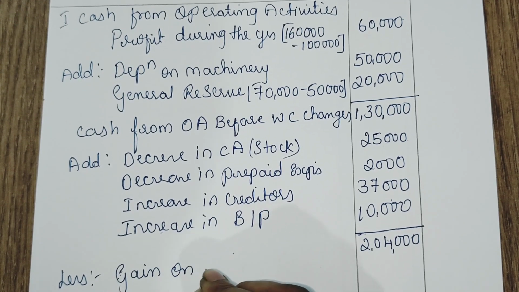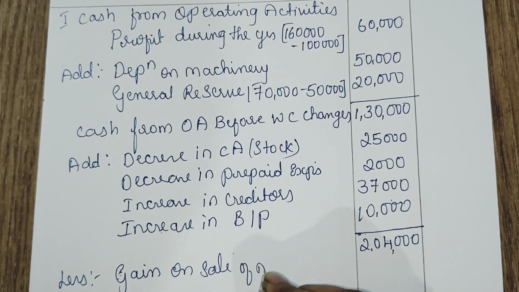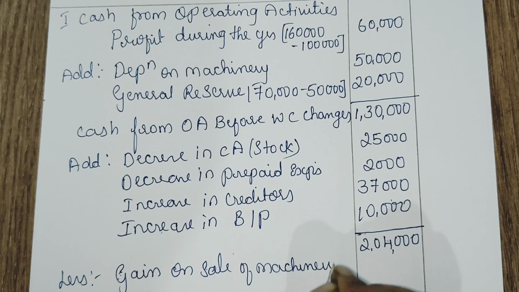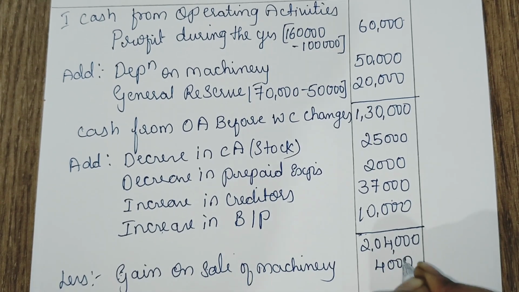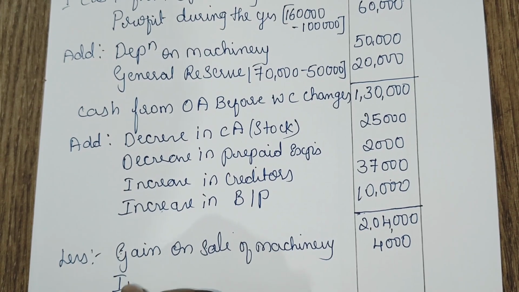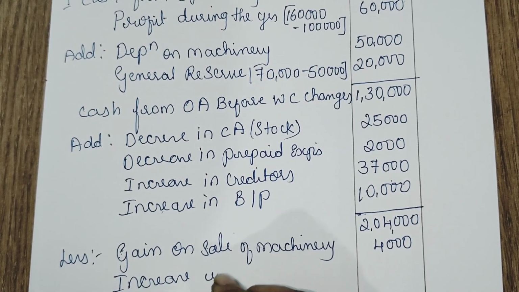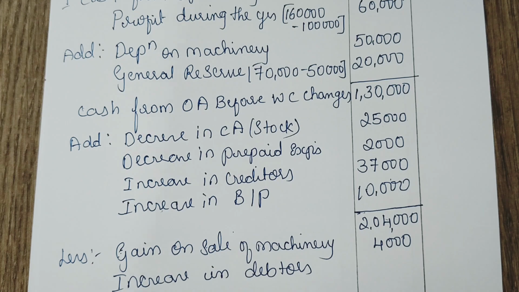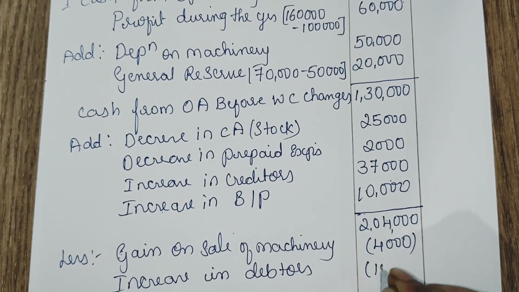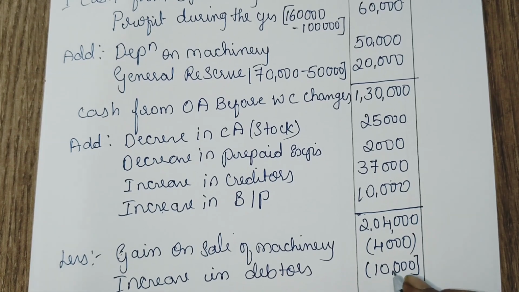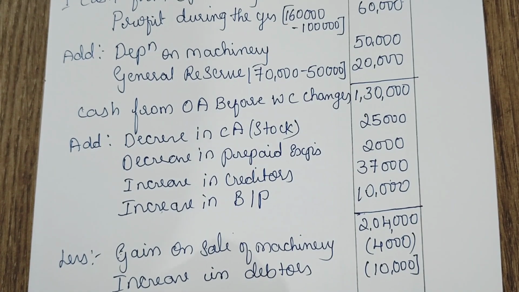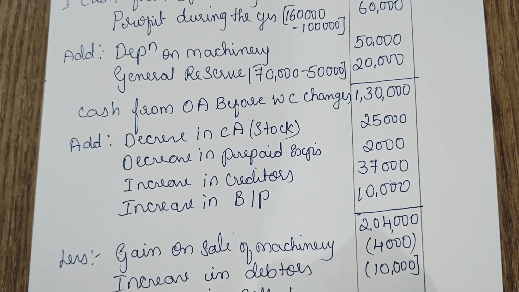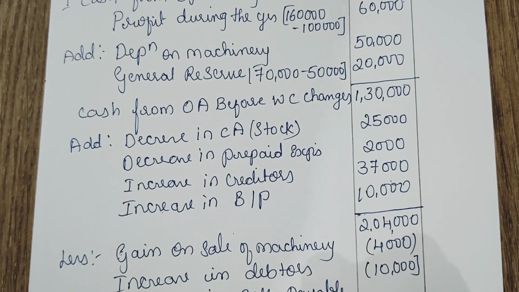Gain on sale of machinery 4,000, increase in debtors 10,000, increase in bills payable 2,000.